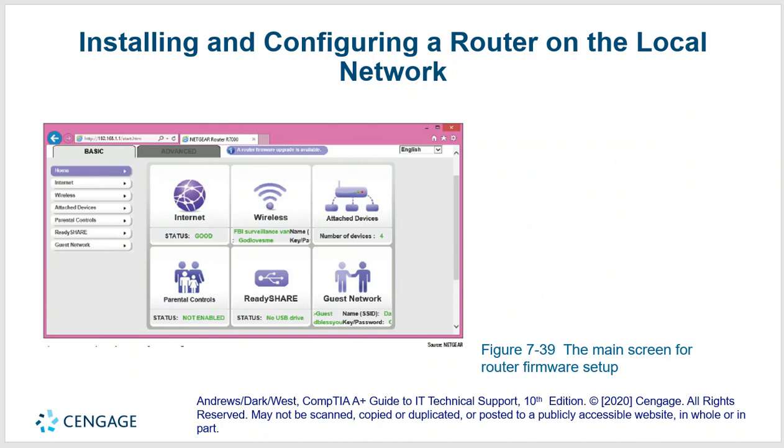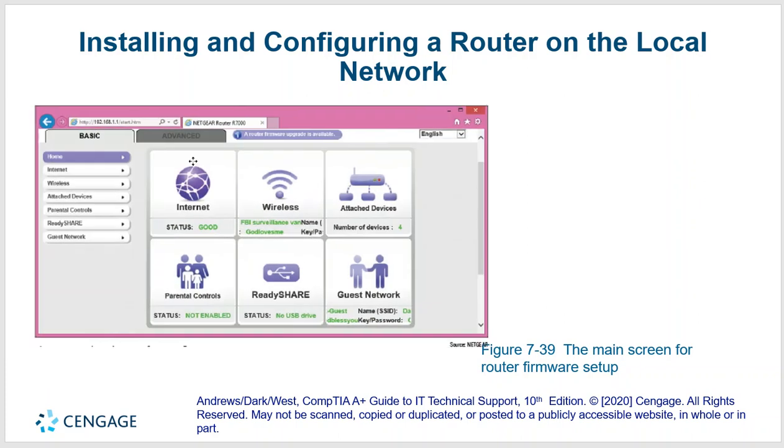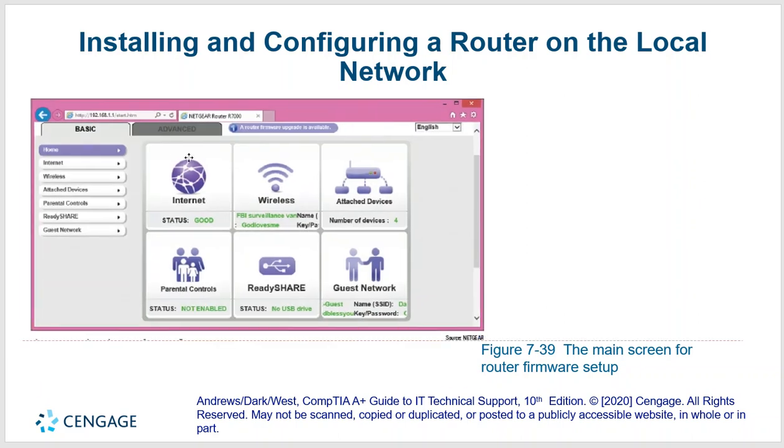Okay, so this is the setup for a Netgear router, and you can see the IP address is 192.168.1.1.